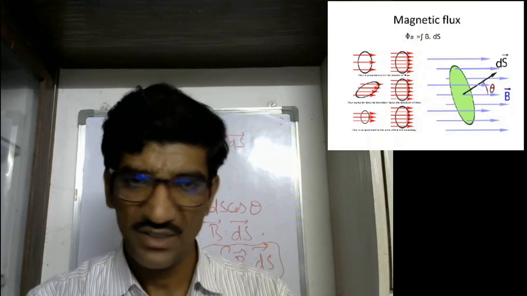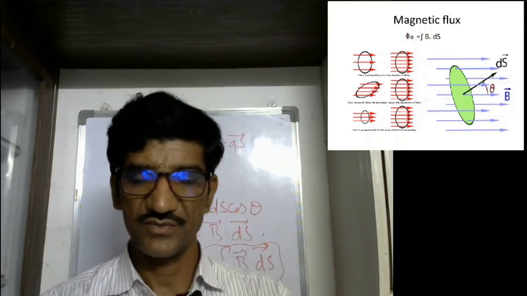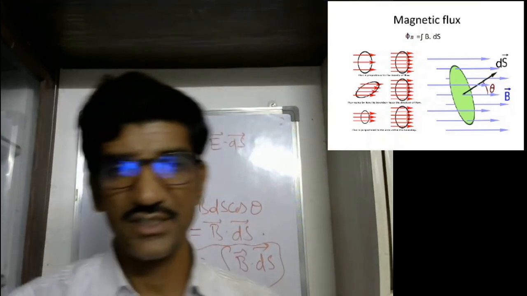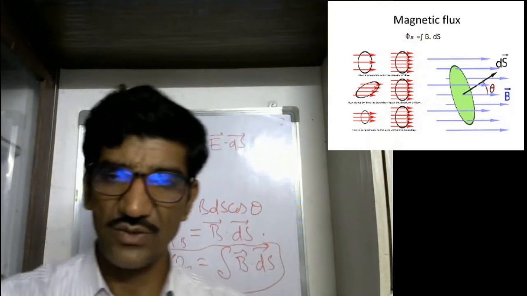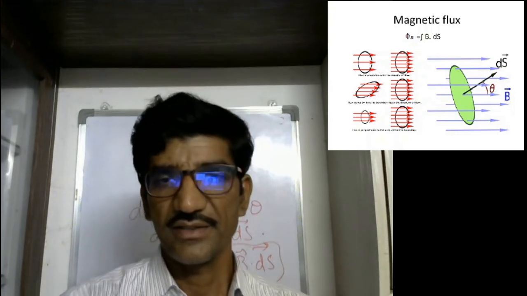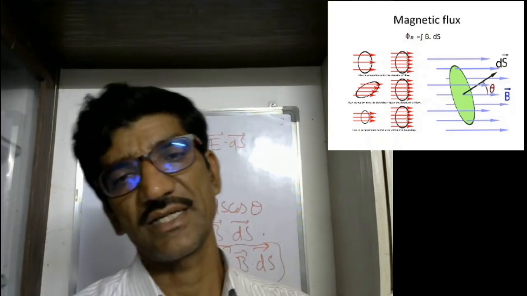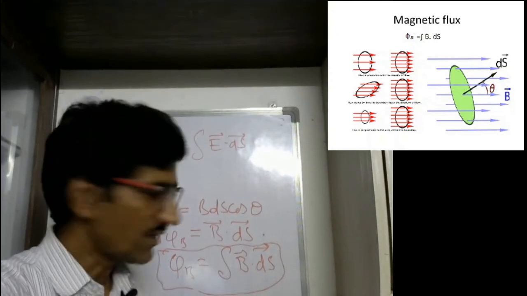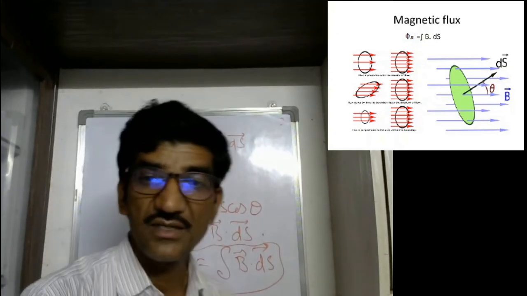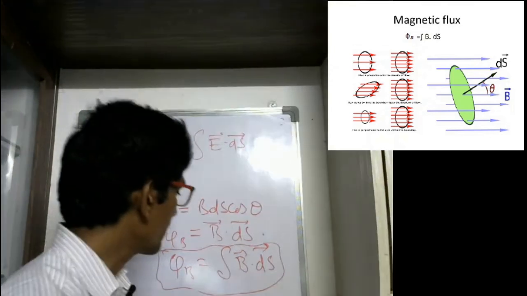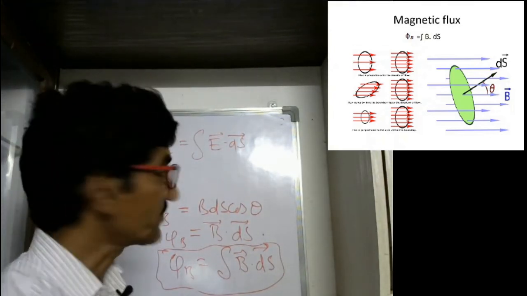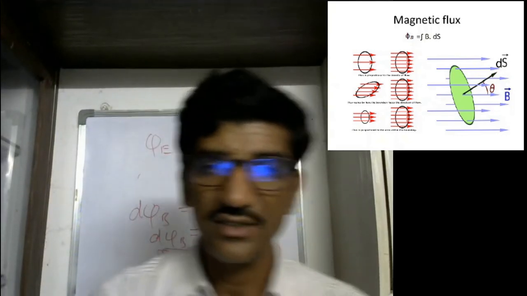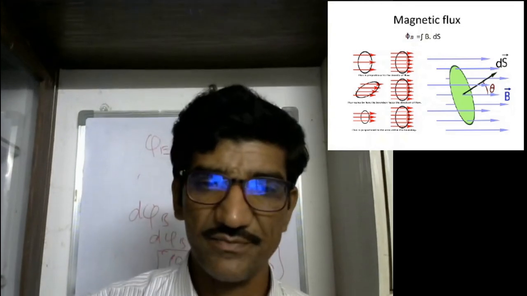One is the dimensions of the area chosen. Next, the orientation. Next, the local field intensity. That's why we may express the magnetic flux phi B as integral B dot ds. All these factors are included in this formula. This formula is very similar to the total electric flux formula, phi E is equal to integral E dot ds.